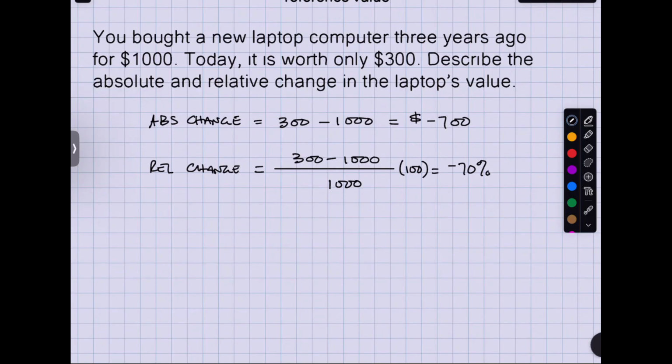Because that's the new value of the laptop, right? And you're referring it to what it initially cost, right? The initial value.